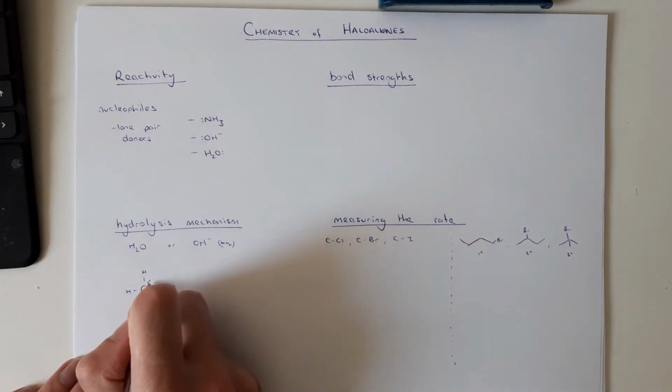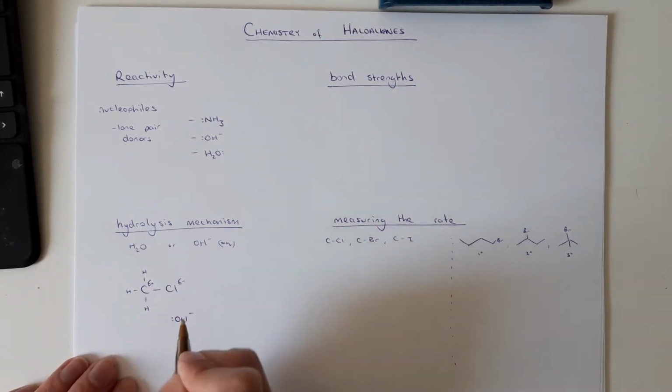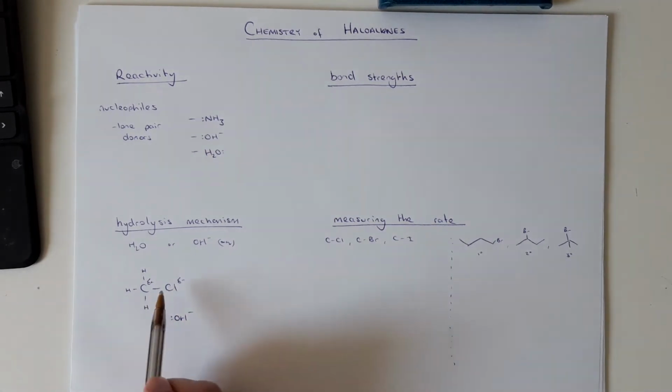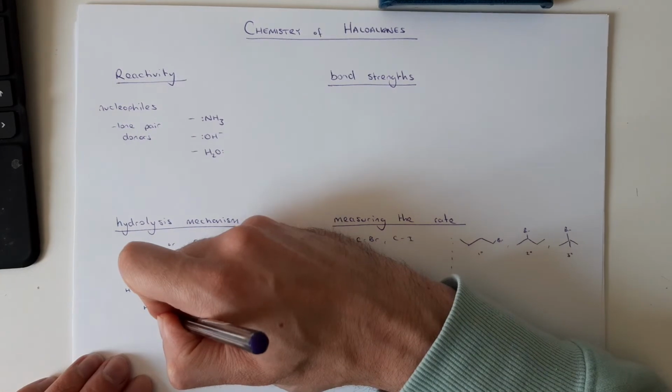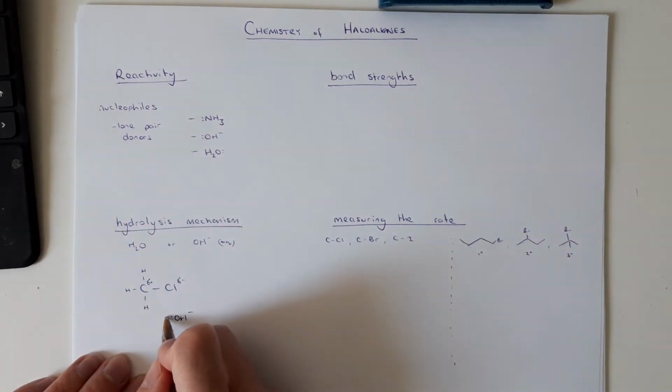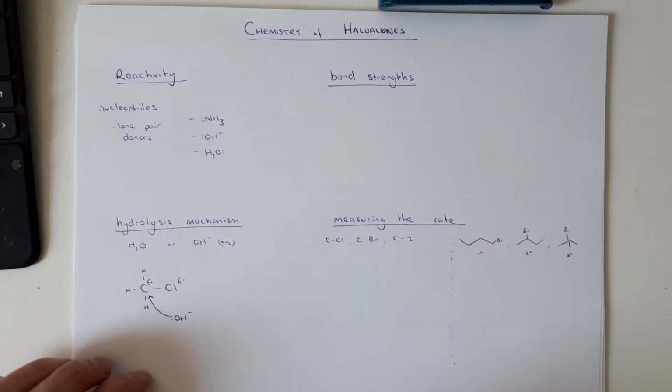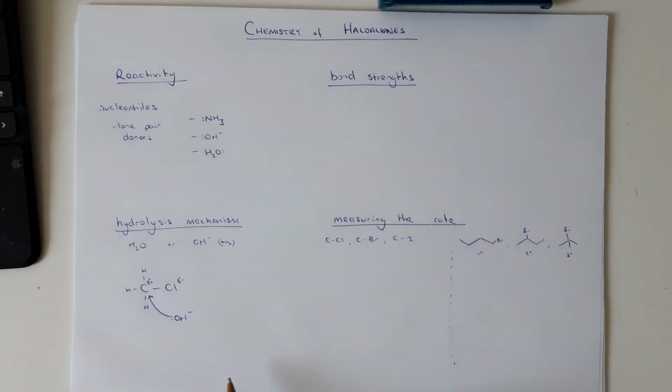So carbon is delta positive, chlorine delta negative, because chlorine is more electronegative, so the electrons are pulled towards the chlorine in this bond. That creates a positive carbon for the nucleophile to attack. So it's going to come in and attack that carbon. We draw a full curly arrow to represent the movement of a pair of electrons, and those electrons are the two on the lone pair on the hydroxide ion.